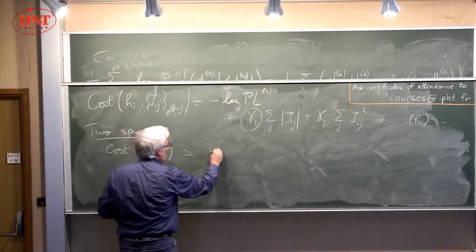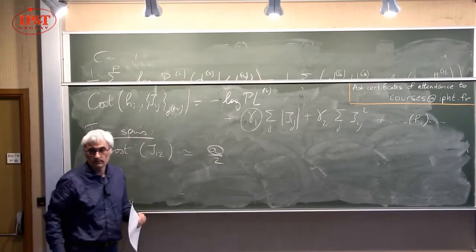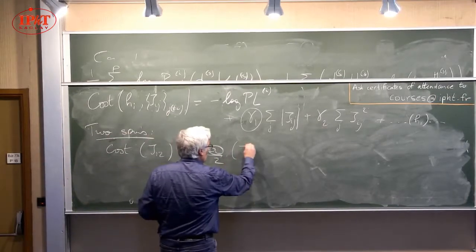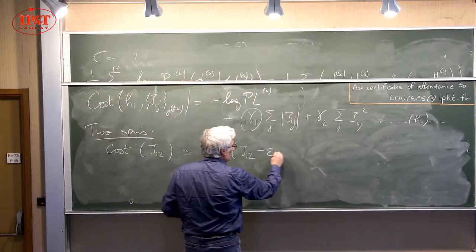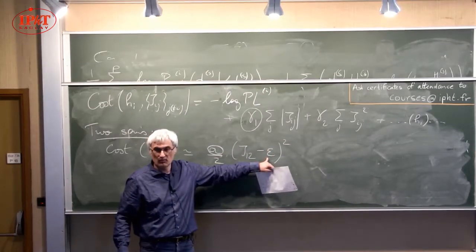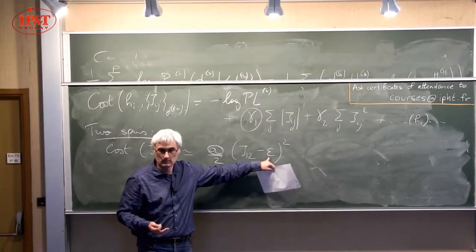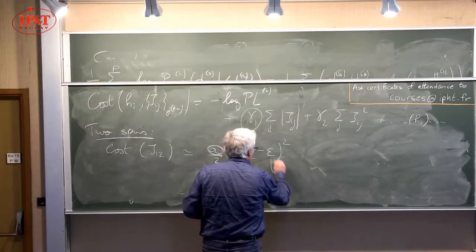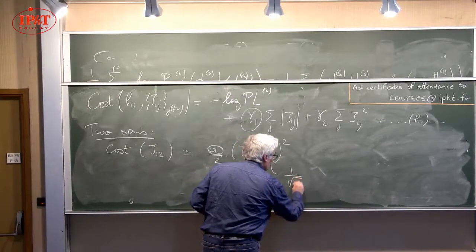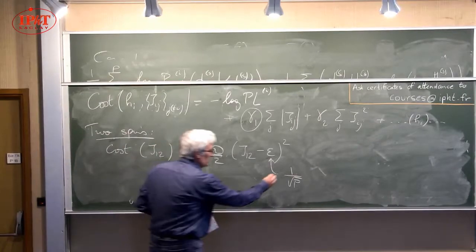There will be some quadratic form, and the A here is related to this susceptibility matrix, and some (J12 minus epsilon) squared. And this epsilon in principle should be 0, but due to the fact that I have a finite number of data, it's not 0, it's something small. And essentially, I'm expecting this thing to scale as 1 over square root of p, plus or minus, where p is the number of data.